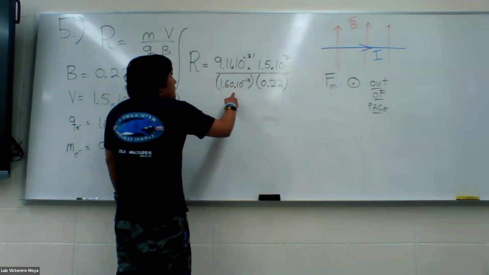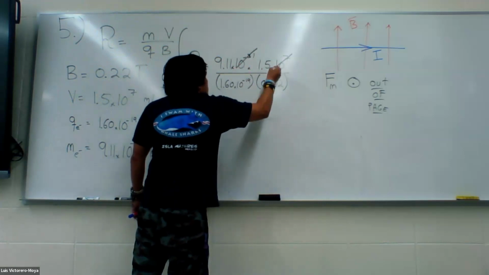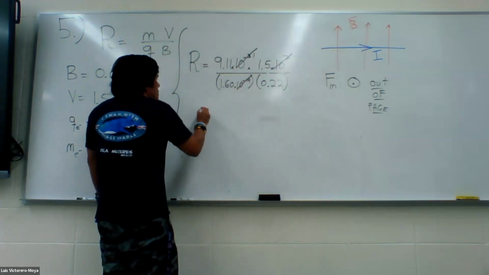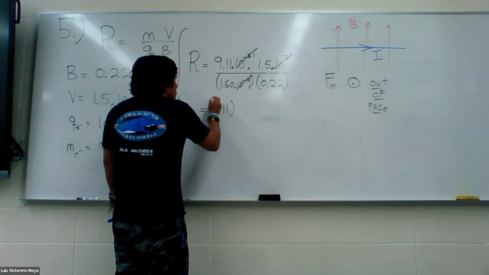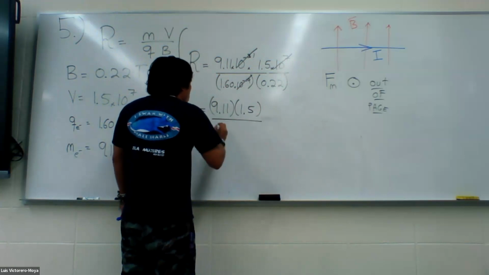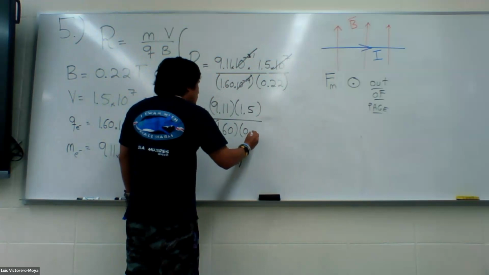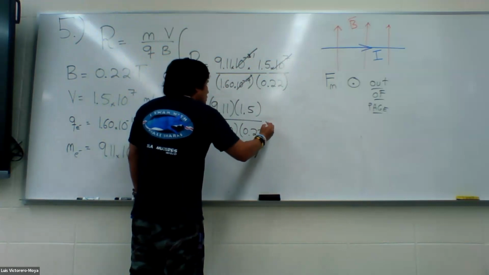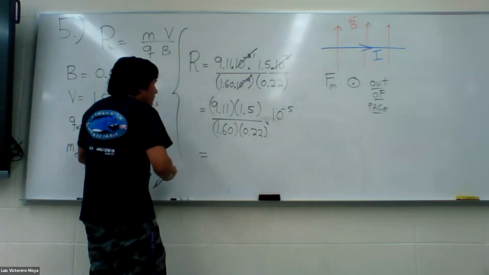so the exponent is minus 19 plus 7 is minus 12, minus 31 is minus 43... so the powers of 10 combine to 10 to the -5. So we do 9.11 times 1.5 divided by 1.60 divided again by 0.22 multiplied by 10 to the -5. Right?